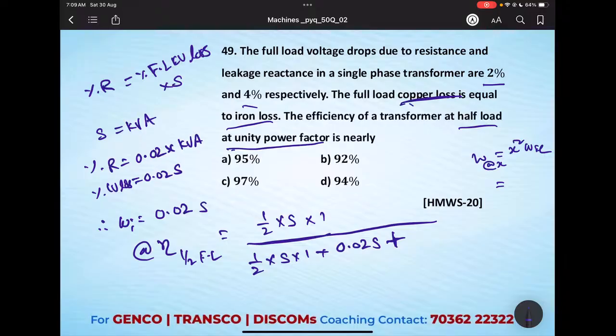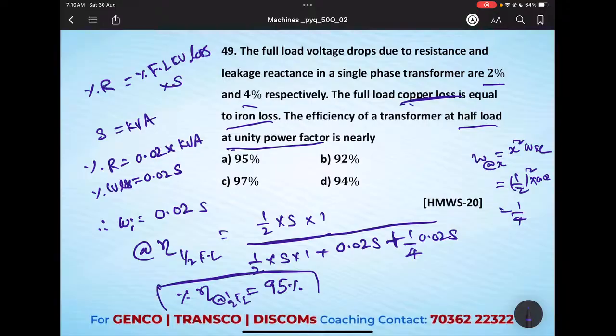So at half load, it is (1/2) squared, which becomes 1/4 of 0.02 S. By solving this, you can get the percentage efficiency at half of full load as around 95%. So our option will be A.